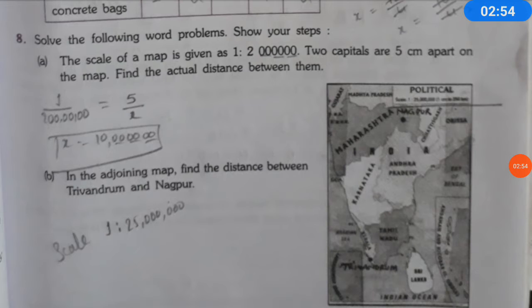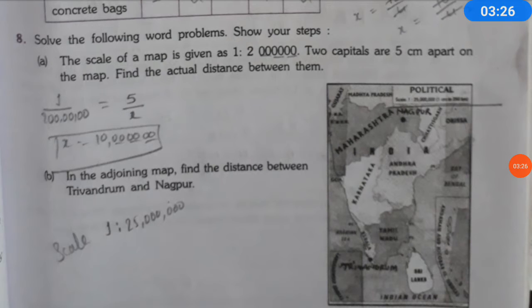Find the actual distance between them. So as we know the ratio is 1:2, and the two capitals are 5 centimeters apart on the map, then the actual distance between the two capitals we will consider as x. Solving that, you will get the required answer.